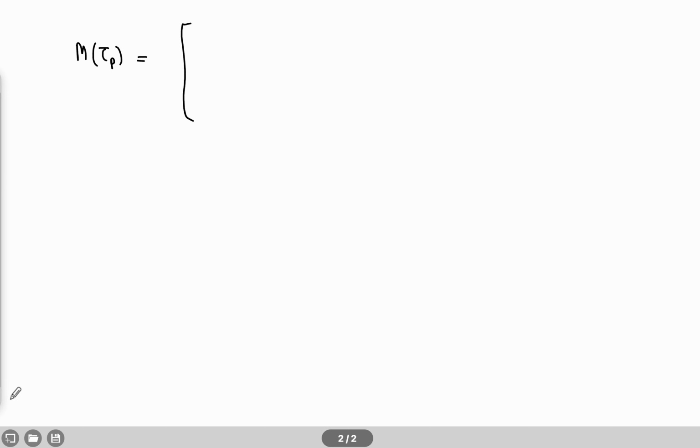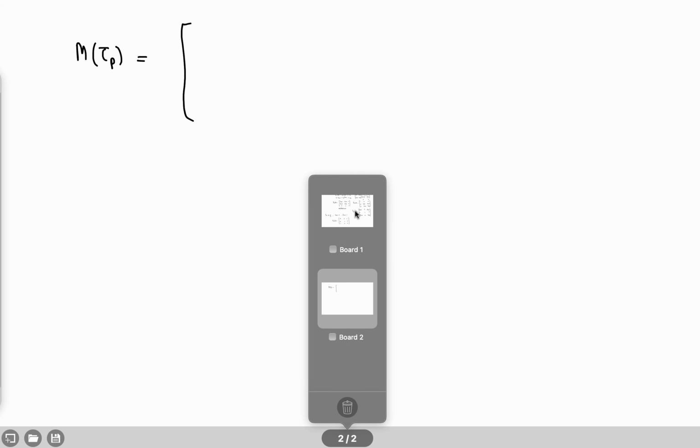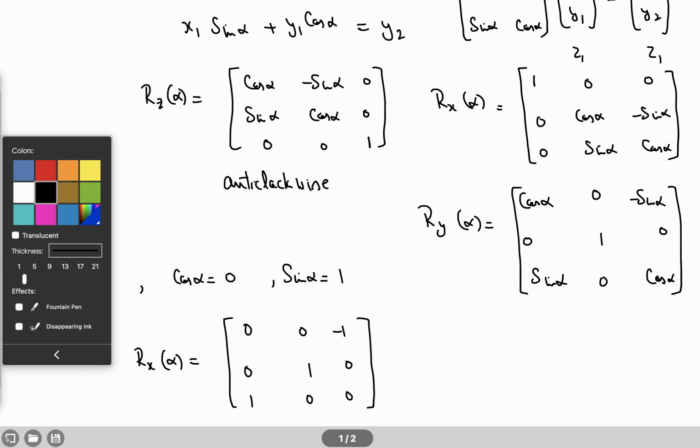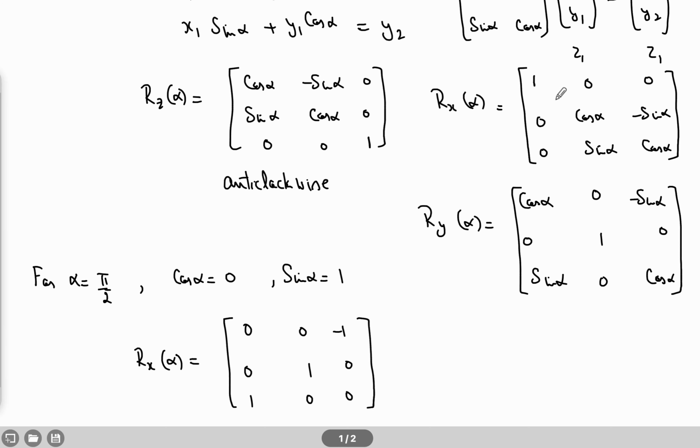I think I did some mistake, let's see. Yeah. So this will be 1 over here, right? Let's rewrite this. So you have 1, 0, 0 here. So by mistake I wrote Ry alpha. Okay.